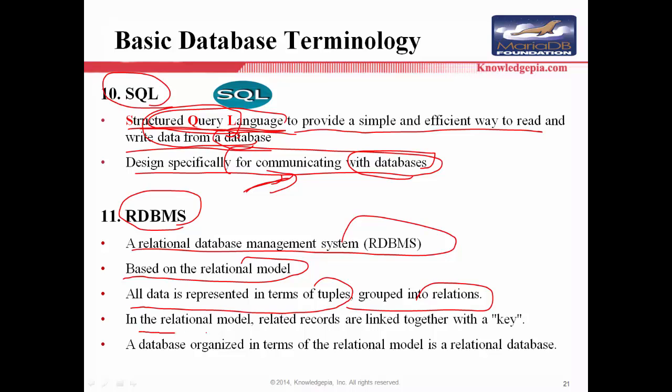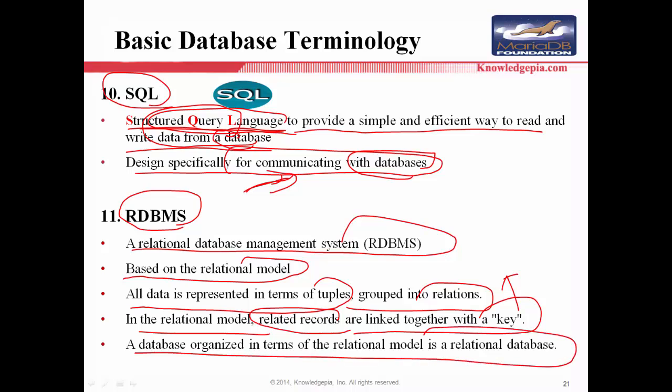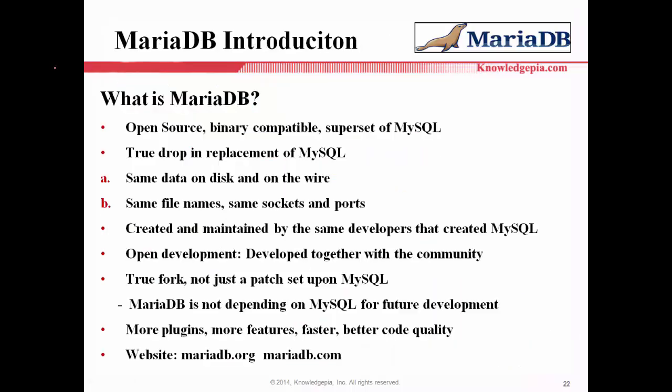In the relational model, related records are linked together with a key. On the previous page, I used two keys, primary key and foreign key. A database organized in terms of the relational model we normally call a relational database. MariaDB also belongs to this RDBMS.